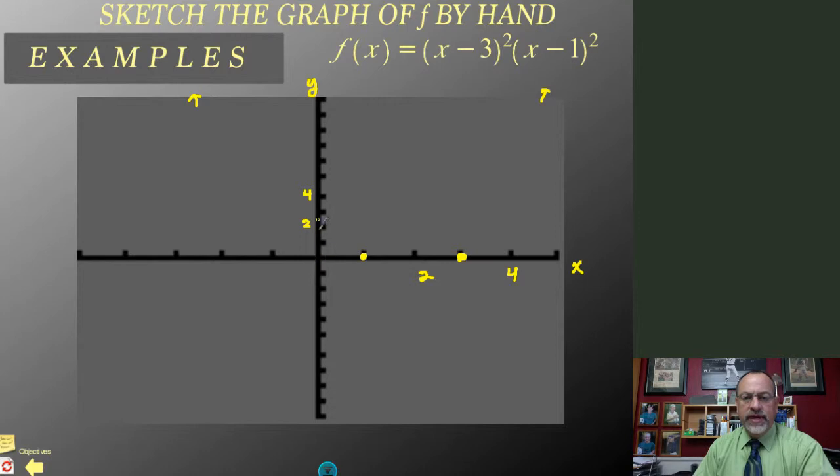And remember, that's when the x value is 0. So I could substitute in 0 here and figure out the y-intercept. So 0 minus 3 is negative 3, squared is 9. 0 minus 1 is negative 1, and squared is 1. So 9 times 1 is 9. So I know it's going to cross here at (0, 9). So I know what it's going to be doing as I go out this way, and I know all this stuff, and where it's going to cross or touch.